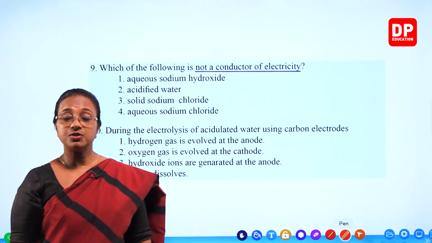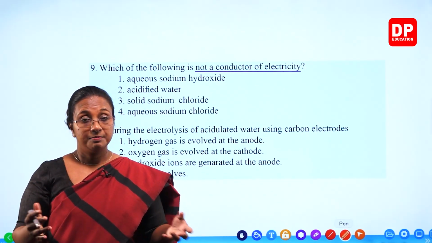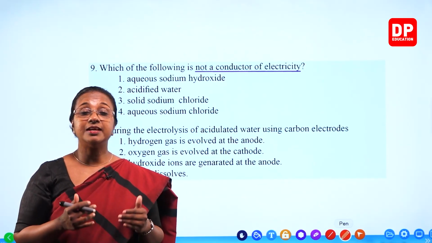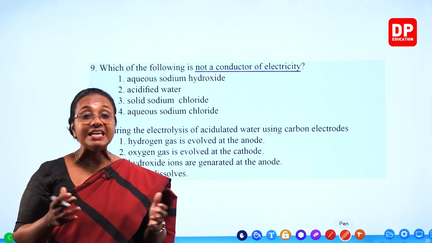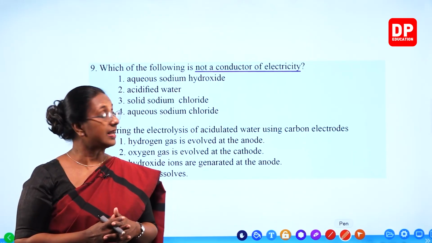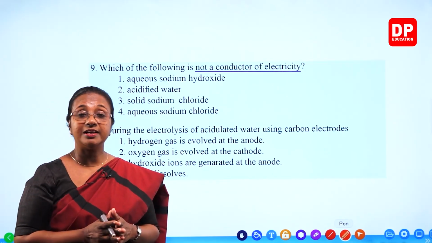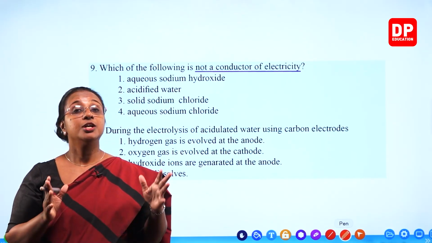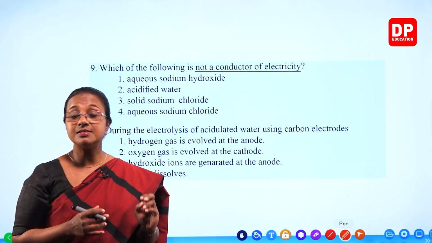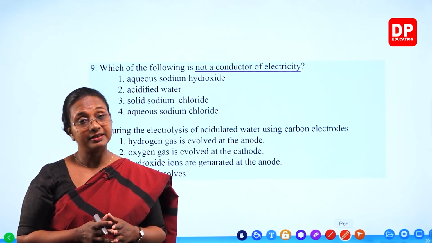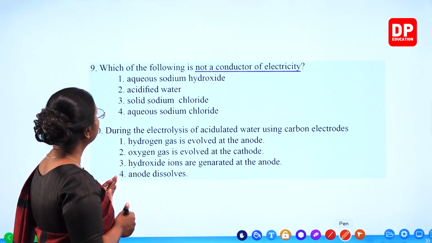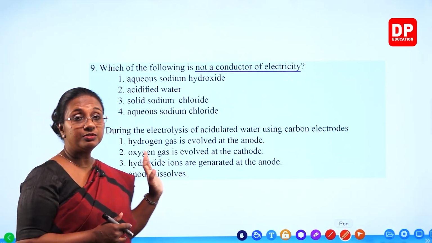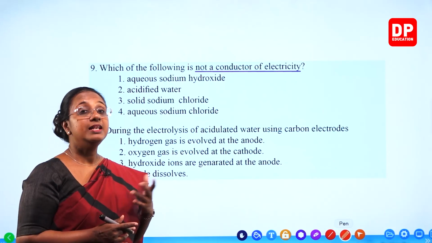What are conductors of electricity? Materials that allow electric current to pass easily through them are known as electric conductors or conductors of electricity. You all know usually metals are very good conductors of electricity. So if we look at the answers, in addition to that, metals are solids, liquids.